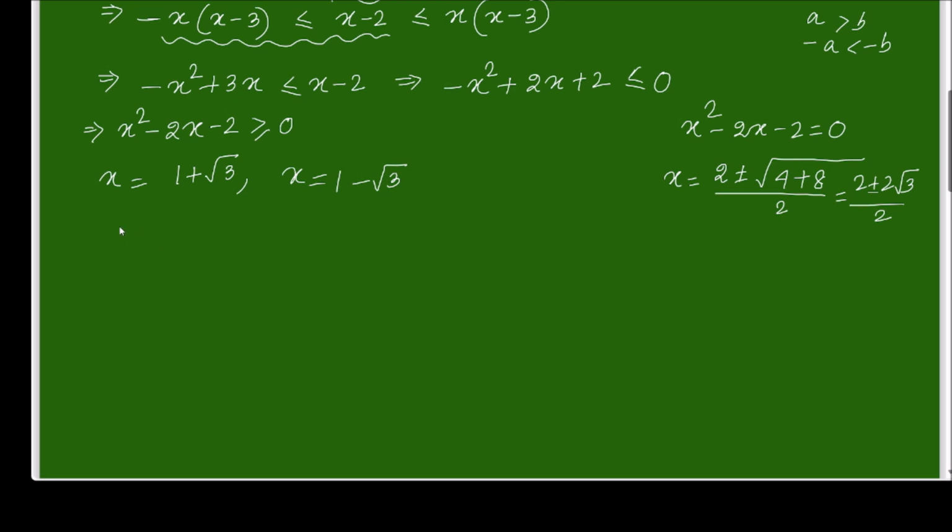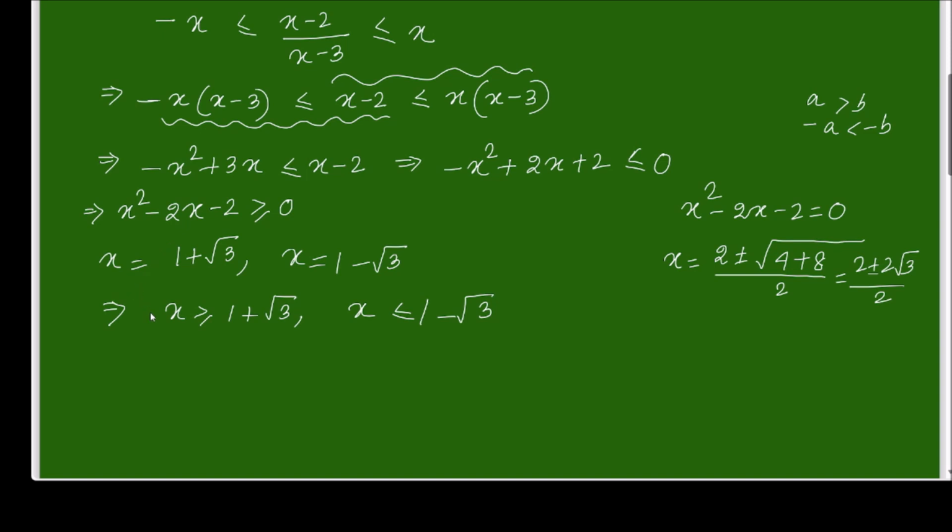Since it is positive, x is greater than the bigger one, 1 plus square root 3, and x is lesser than the smaller one. These are the two values I am getting from the first inequation.